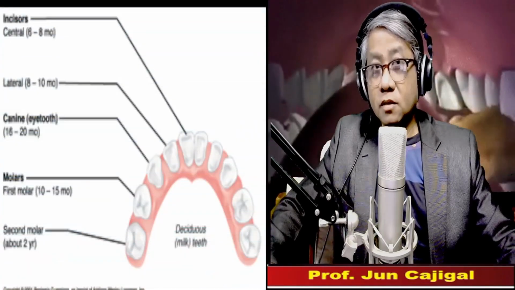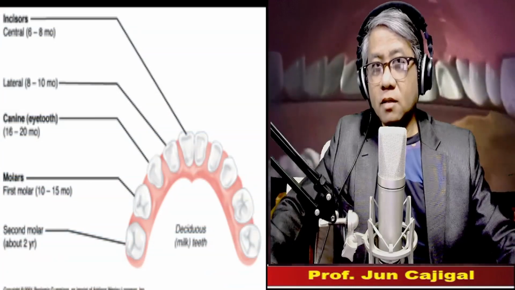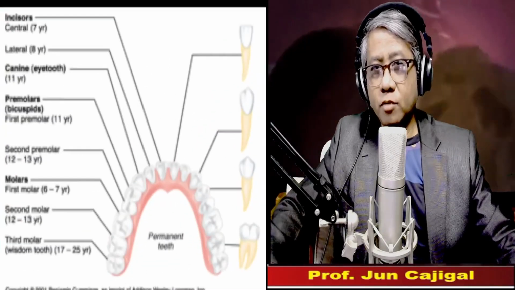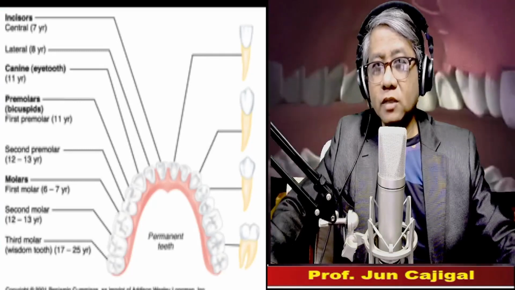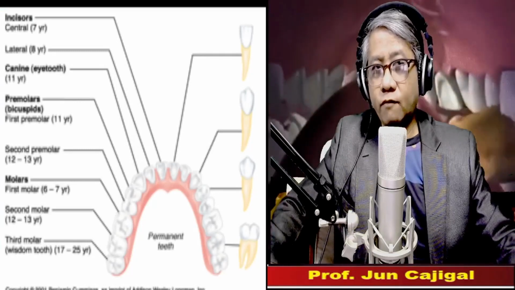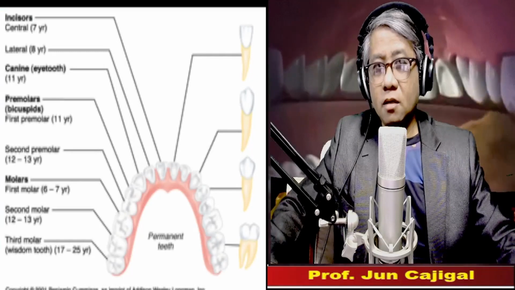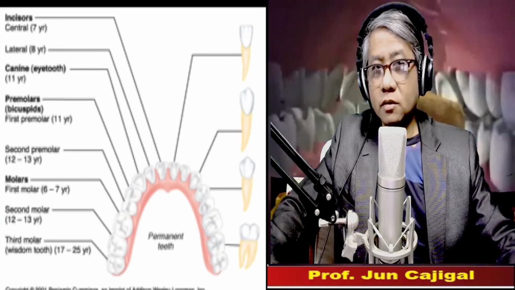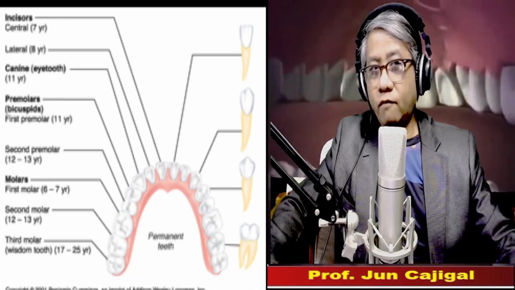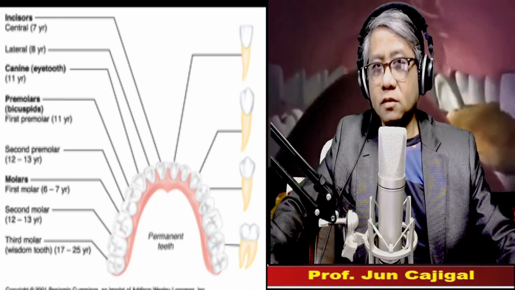So again, we have the deciduous teeth or the baby teeth, and we have the permanent teeth. Now for the permanent teeth, we have the incisors that cut and shred food, the canines that tear food, and we have the premolars and molars that crush the food into smaller pieces.